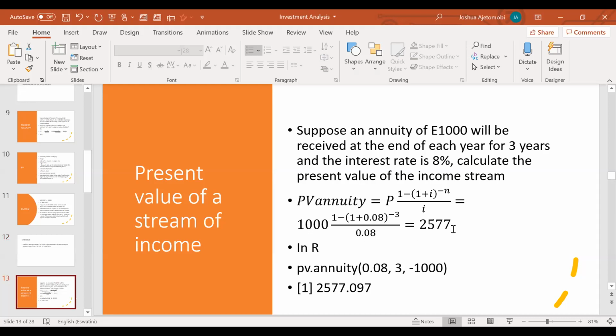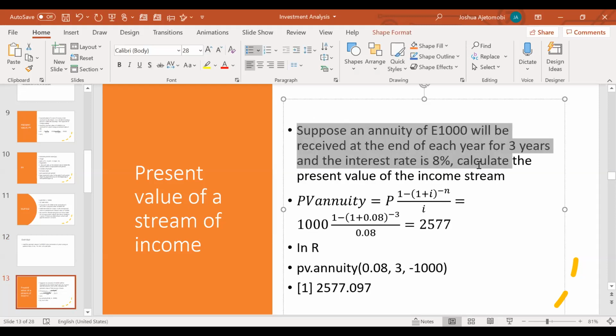So this is what we're trying to work out here. For using R to do that, we use PV.annuity in that case. So let's solve this. Suppose an annuity of 1,000 emalangeni will be received at the end of each year for 3 years, and the interest rate is 8%.